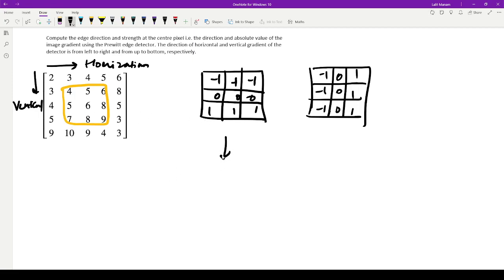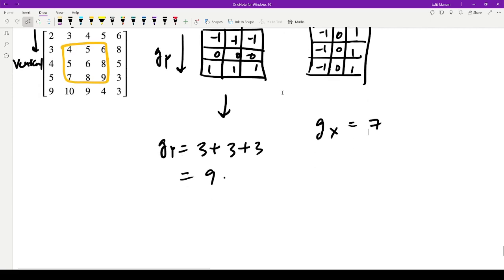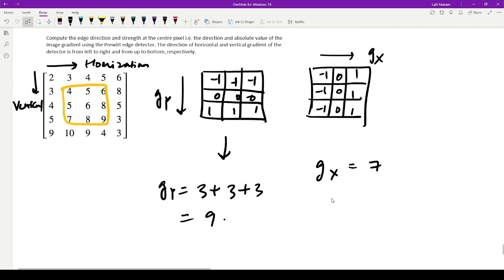What will be the response? Generally we take this as the y direction. So gy is 3, 3, and this is again gy 9, and gx is 7. So this is the edge strength, and this is the horizontal direction. This is the vertical direction. What about the edge direction? How do you compute it?